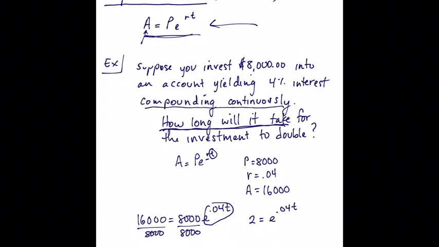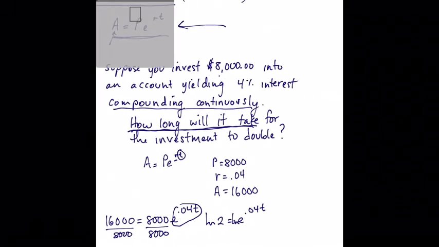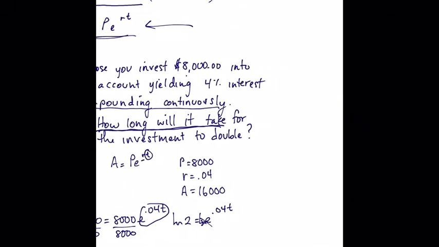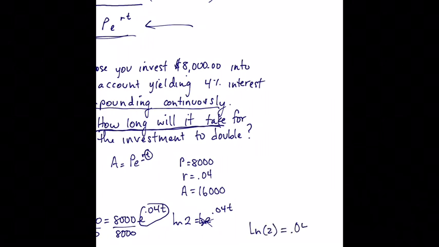So now that the exponential term is isolated, we can use a logarithm. In this case, since we have base e, we're going to use a logarithm with base e, or natural log, on both sides. So natural log cancels base e, and what we have is now natural log of 2 equals 0.04t. So now we're at step 3, which is solve for the variable. So divide by 0.04.